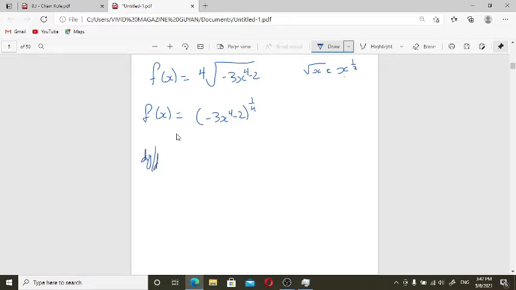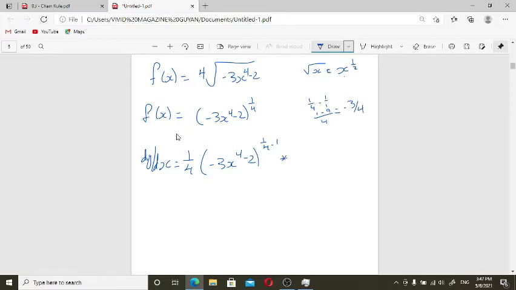dy upon dx, power in front, (minus 3x to the fourth minus 2), what's inside. And for this here, I always do this because I rarely ever use a calculator, so I have to do it like that.